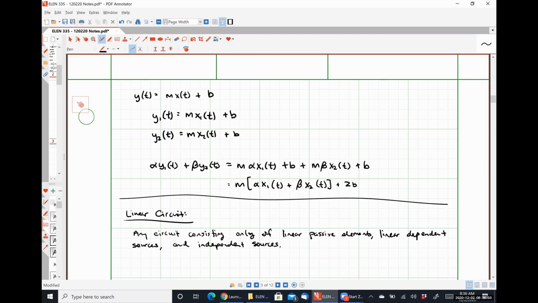Anything outside of that range is nonlinear behavior. So technically we have analyzed a couple of nonlinear circuits back in circuits 2. But anyway, here's our fundamental definition of a linear circuit.